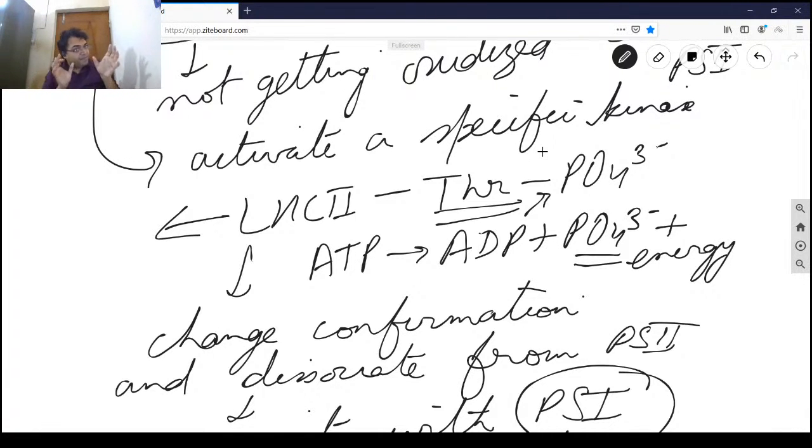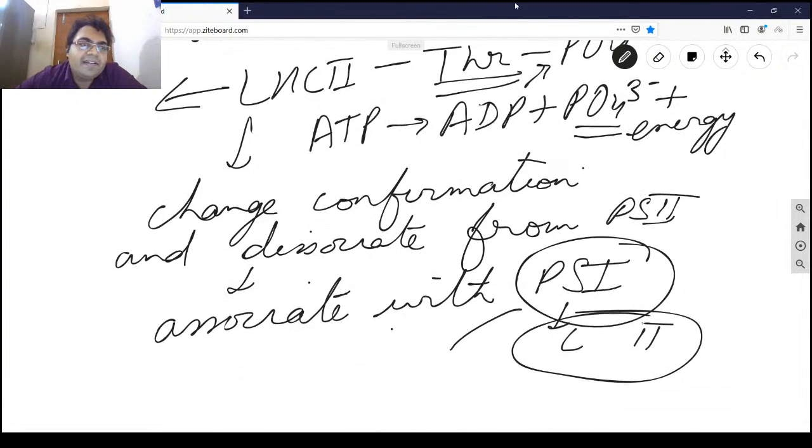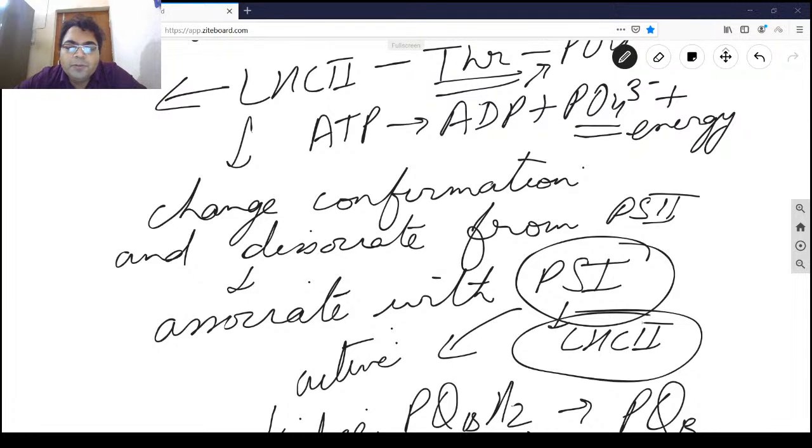One time PS1, one time PS2 is active, with complete regulation. Not one of them is active for a very long period of time, and in the optimal state they remain activated. So this is how the activation of PS1 and PS2 is regulated, and both of them are not activated at one go.